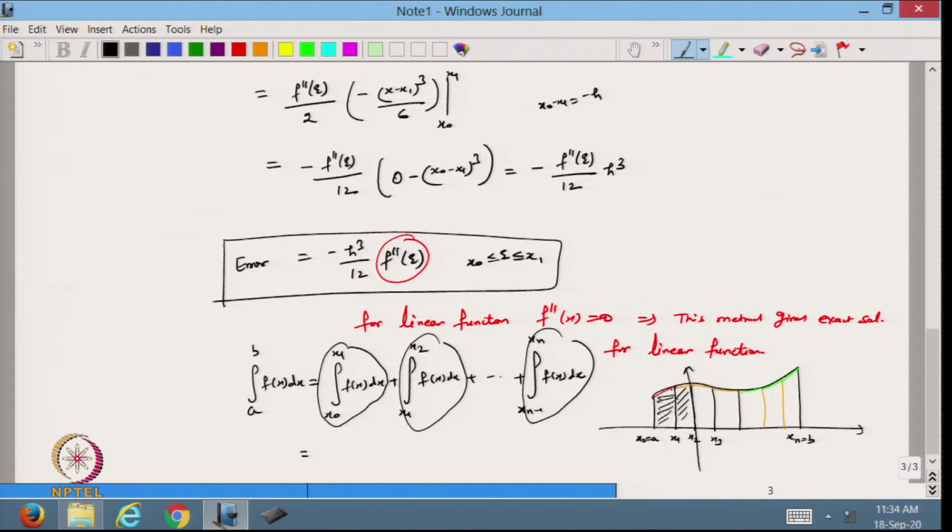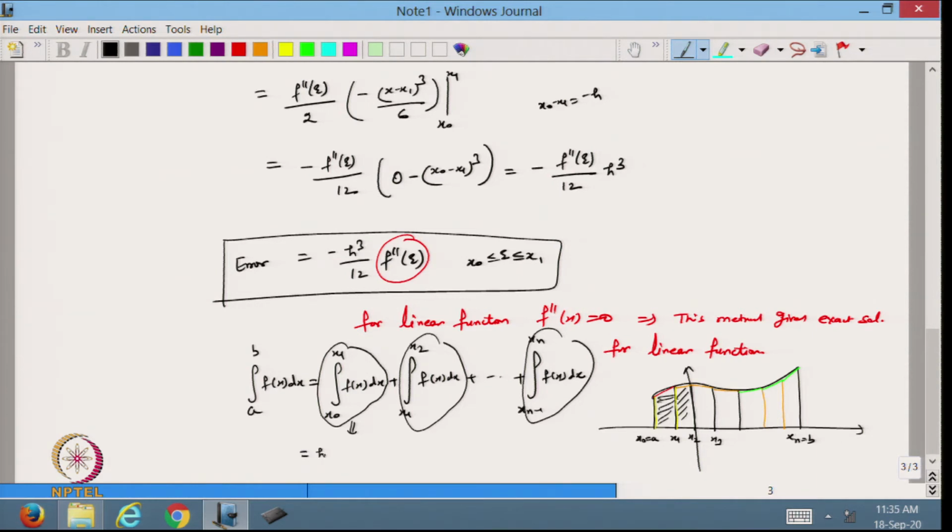So, what is the area of this trapezoid? I will take the average of these values. This is y0 and this is my y1, and then the distance between these two. So, using the trapezoidal rule, the area of this trapezoid will be h.